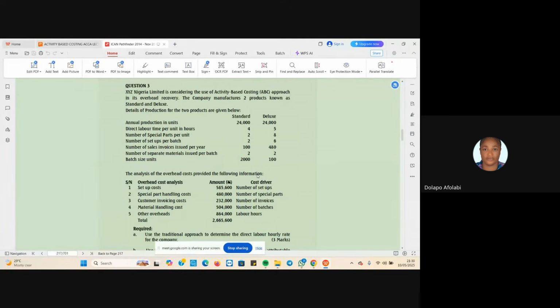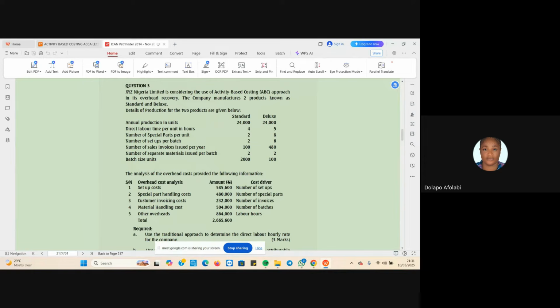Serial number 1, 585,600, cost driver, number of setups. Number 2, special part handling costs, 480,000. Cost driver is number of special parts. Number 3, customer invoicing costs, amounting to 232,000. Cost driver, number of invoices.